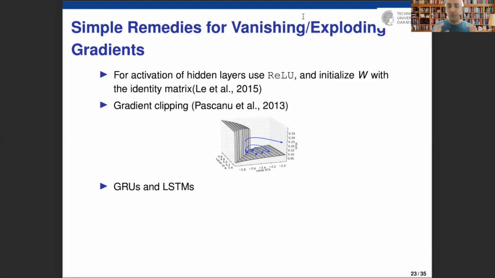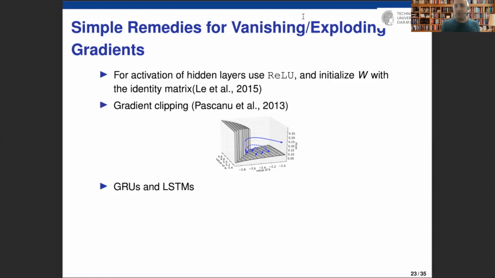So make sure that you always do it to prevent any explosion. But as I said, for the vanishing gradients, we need to be more careful, because the vanishing usually happens because of the initialization of parameter W, and also the activation function that we have for hidden layers.